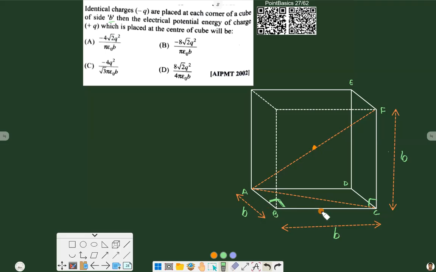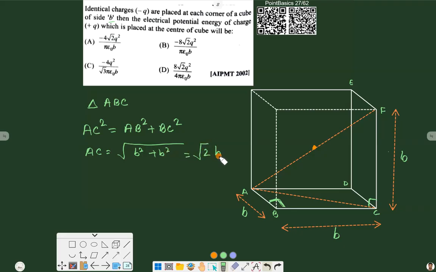So using this relation, in triangle ABC, AB will act as the perpendicular, and BC will act as the base. So AC square will be equal to AB square plus BC square, and from this AC will be under root of B square plus B square, and that will be root 2 B.